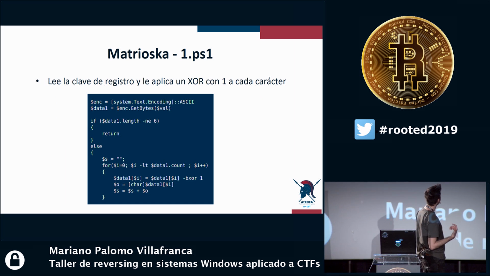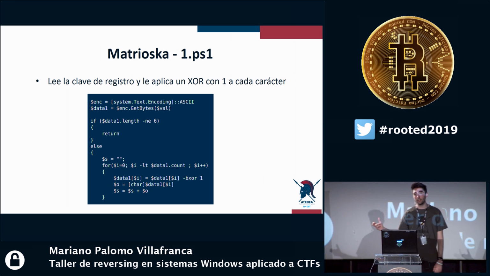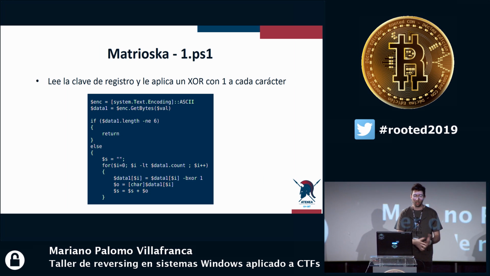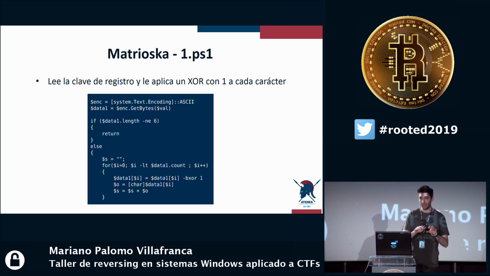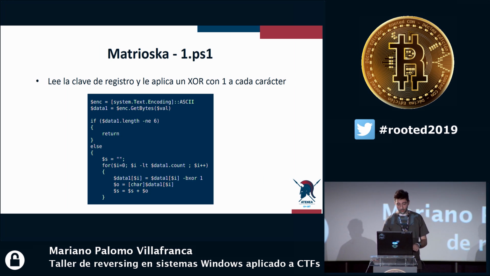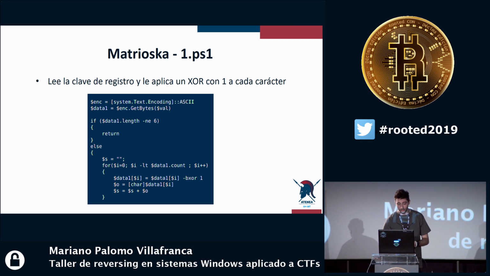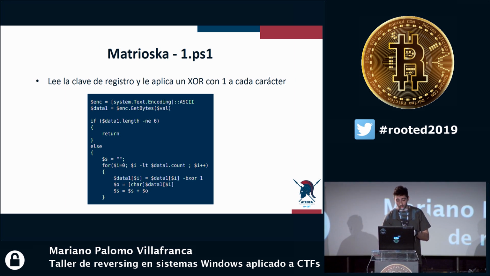Okay, so this value is retrieved, and what we had in the registry was the second 6 characters. We knew the first ones, but it retrieves the second 6 of what we had typed in the previous binary, and it stores them in the variable data1.